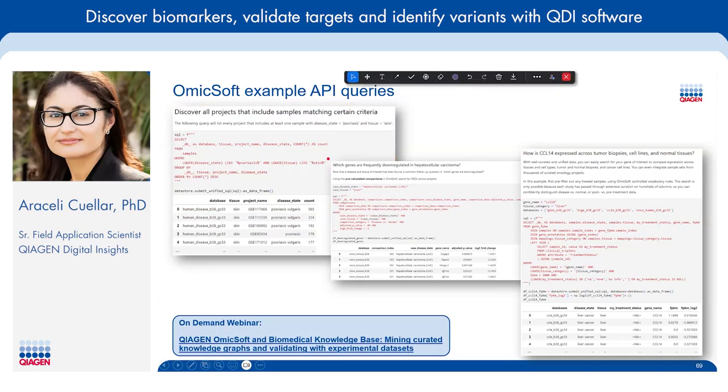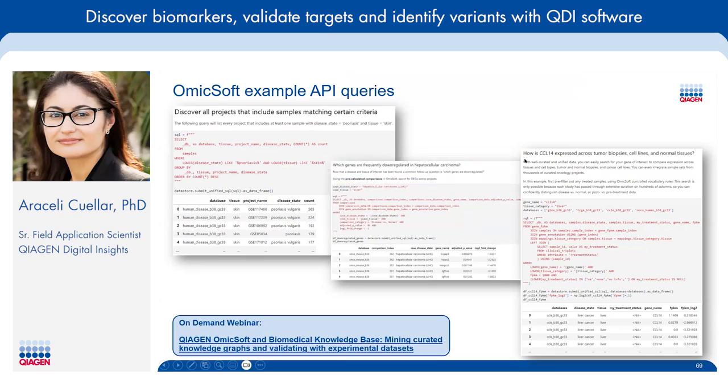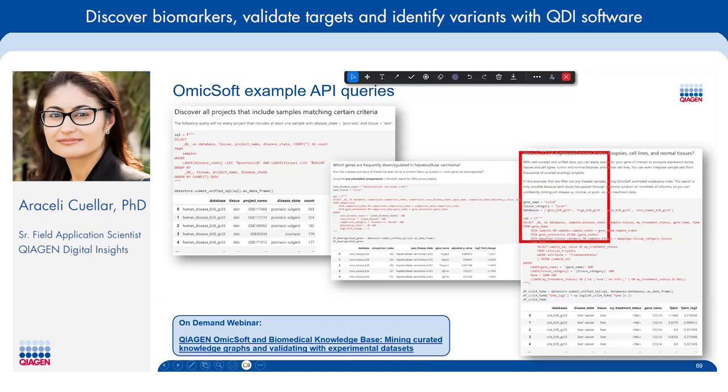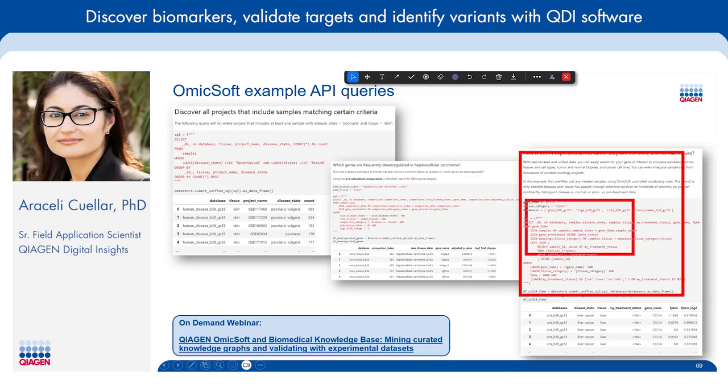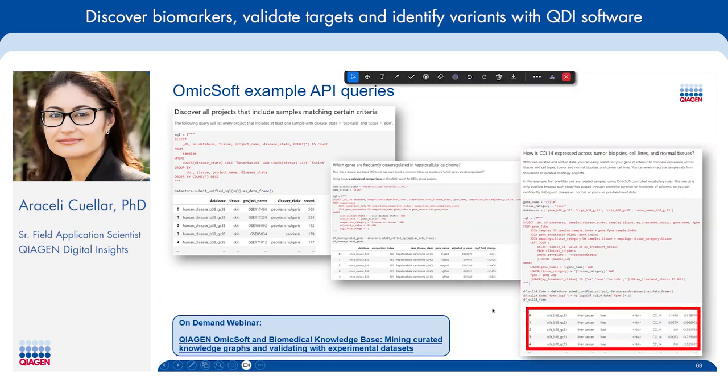You can take a look at which genes are frequently downregulated or upregulated in certain tissues, certain criteria. And you can see how genes are differentially expressed between the different samples, and again, generate output for that information.